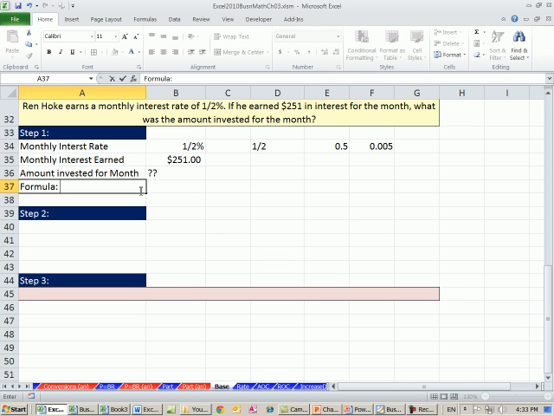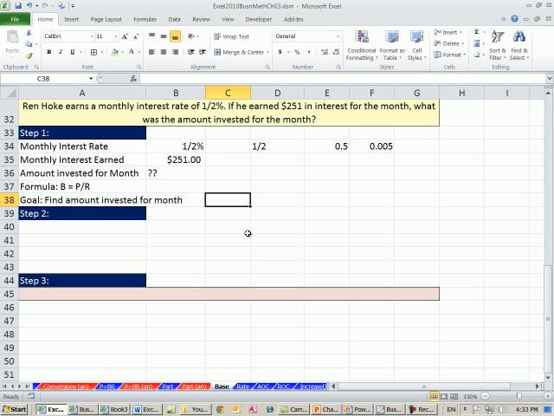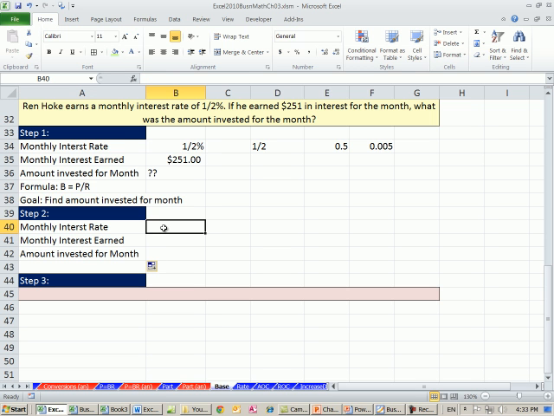The formula I'm going to use is base equals part divided by rate. So find amount invested for the month. All right, let's just go ahead, equals this, and I'm going to copy it down. Control Enter. Just getting those labels up there.